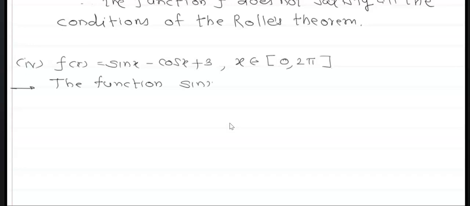The functions sin x, cos x and 3 are continuous and differentiable on their domains.